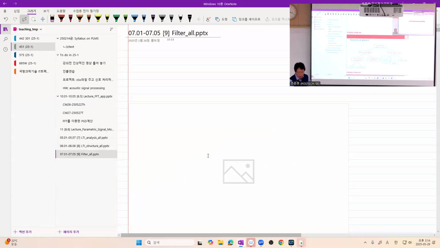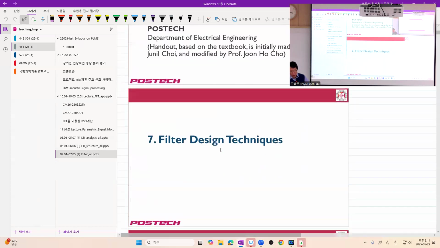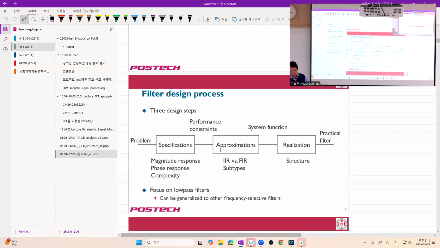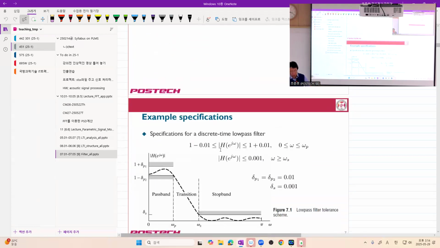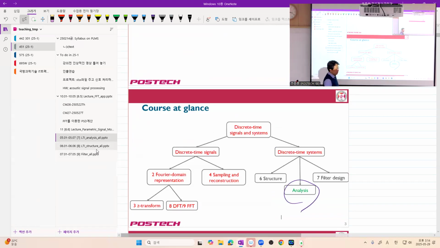And also, chapter 7 is skipped, where you design filters assuming that your system has a Z transform that is a rational function of Z. By the way, the emphasis on these 3 chapters is now significantly reduced, especially for many engineers. Because of what? Because of the very strong, powerful tools to design digital filters.